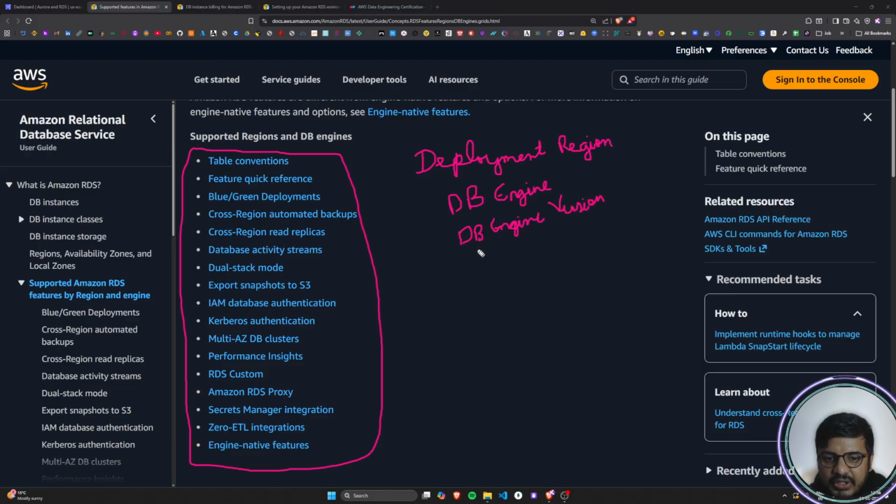That is, which version of the database engine am I using? Means, let's suppose if I'm using MySQL, which version of MySQL am I using? Am I using, let's suppose, 8.0, or 7.5, or 6.4? Which version of MySQL am I using, right?